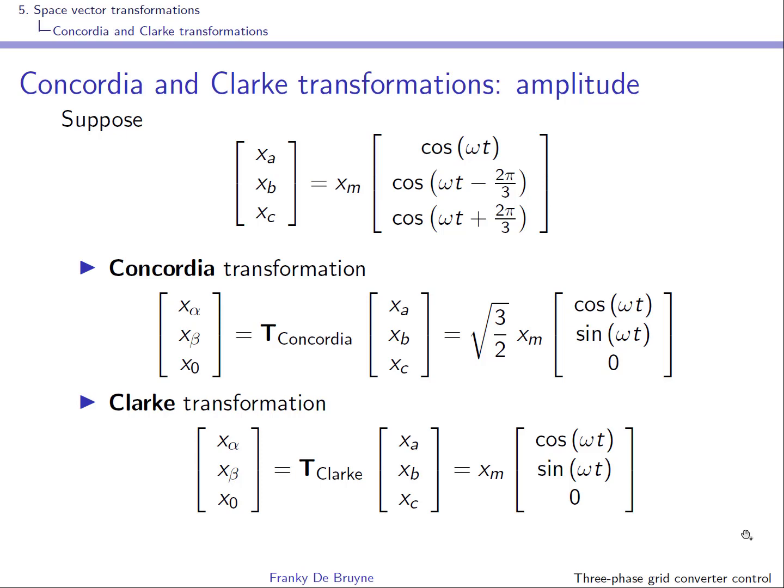Let us now take a three-phase signal which has amplitude xm, and as you can see, the three phases are 120 degrees apart from one another. Then we apply the Concordia transformation and the Clarke transformation to this signal.